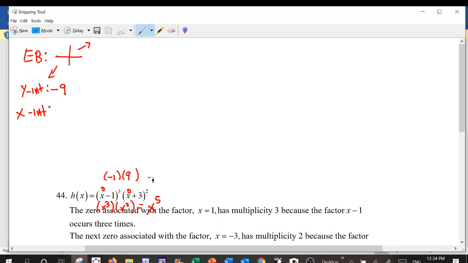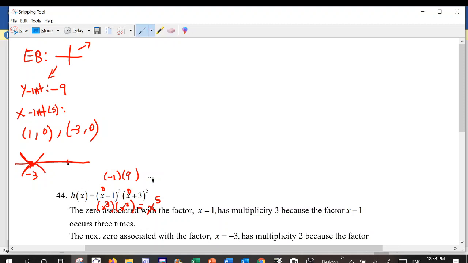And the x-intercepts are, well, 1 and negative 3. Now, what's going on at negative 3? Since it is to the second power, it either bounces from the top or from the bottom, depending on where it is, right?